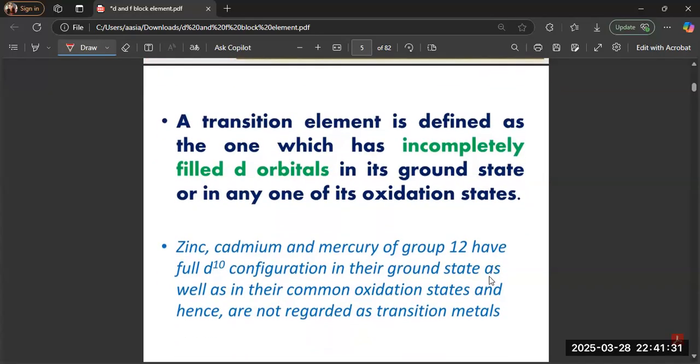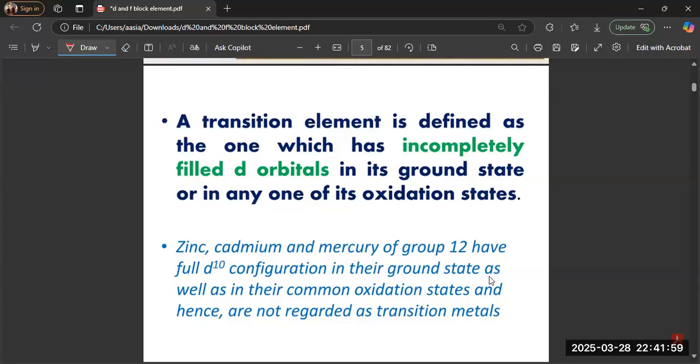Let's see. Can I say zinc, cadmium, and mercury are transition metals? No. Zinc, cadmium, and mercury of group 12 have fully filled d10 configuration in their ground states. That's why they are not regarded as transition metals, because transition metals are those which have incompletely filled d orbitals in the ground state.